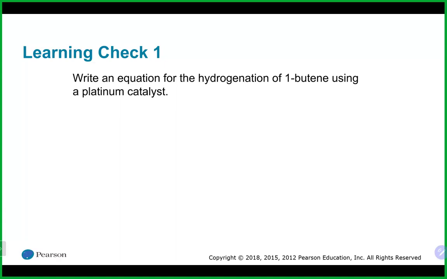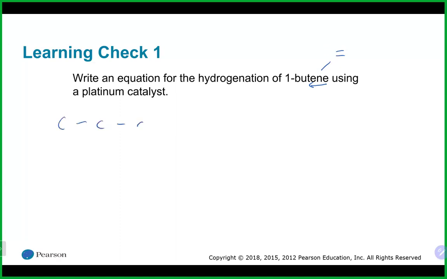Okay, so let's take a look. Remember, whenever we're going to name or draw something, we want to work backwards. Clearly we see an ENE, so that should automatically tell you there's a double bond in there somewhere, right? And the butene part of it, which really comes from butane, tells us we're starting with 4 carbons. Just like normal, even though this is part of a reaction, we're going to start with just the carbons.